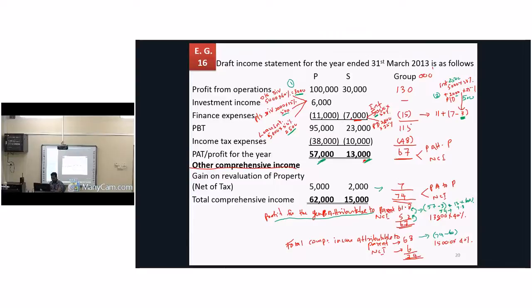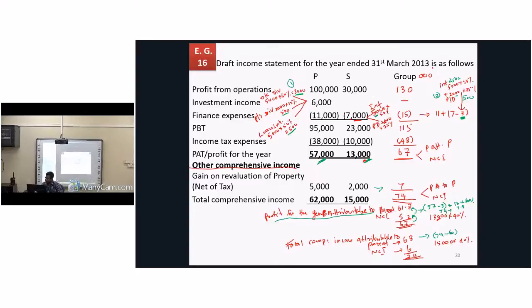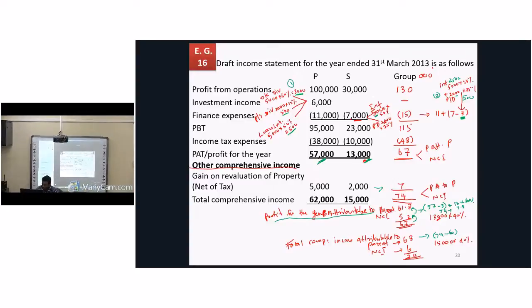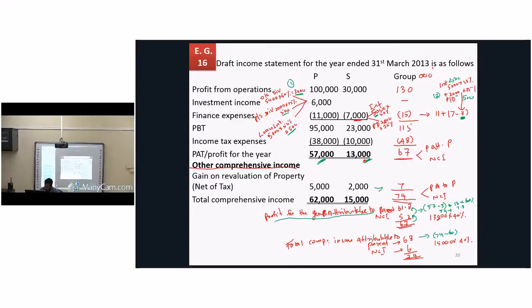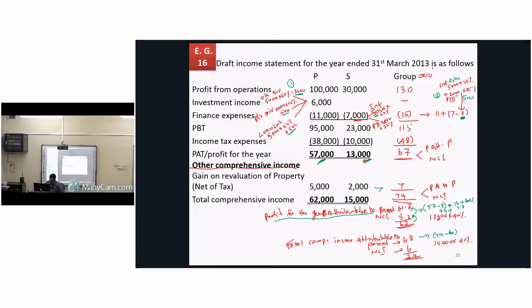In this case we don't have intercompany sales, cost of sales, etc. We have started from profit from operations. Then investment income is there, and finance expense is there, profit before tax, income tax, etc. But the new thing here is something called other comprehensive income. Already we have learned other comprehensive income in the last semester as well as in this semester.